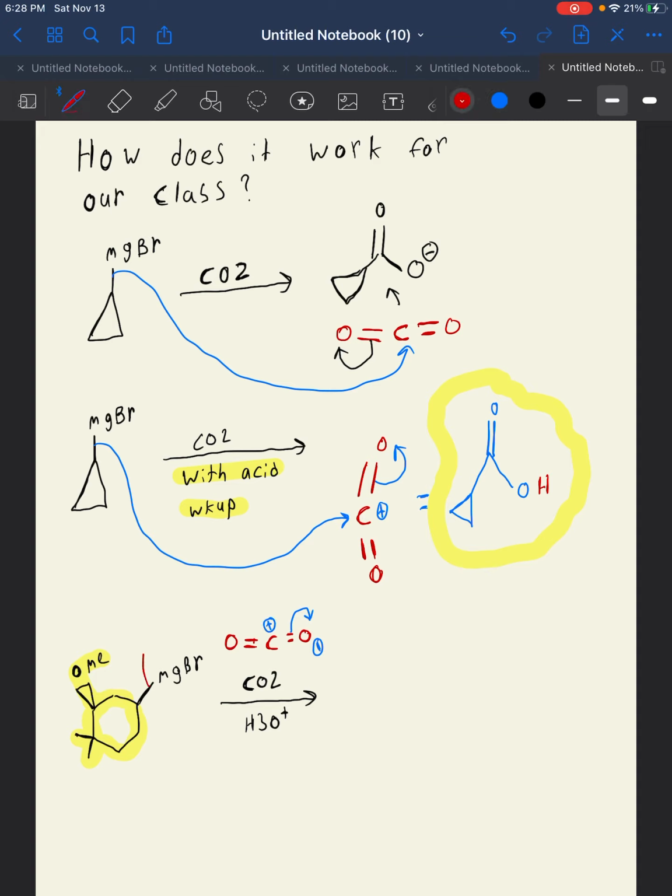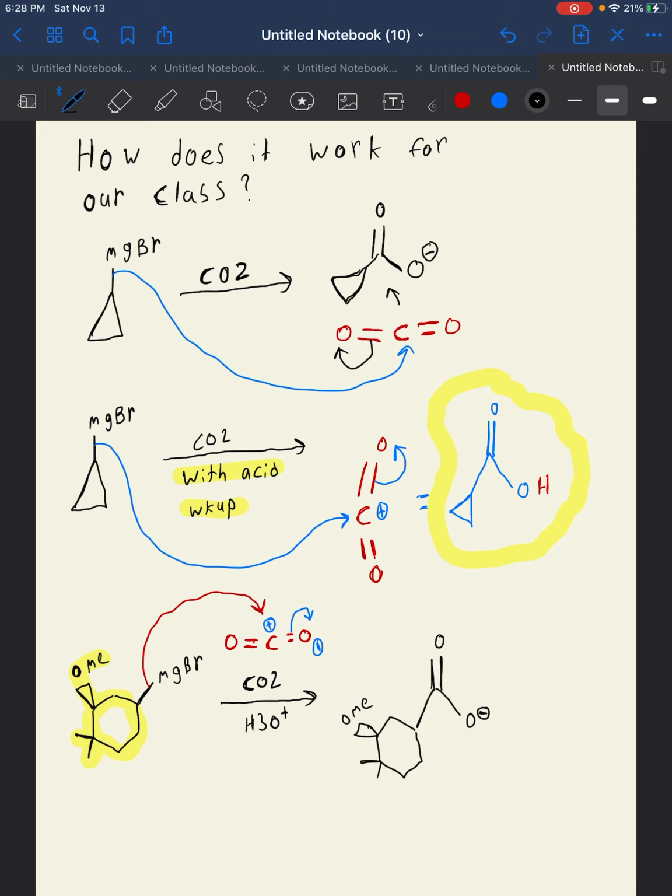So now then our Mg can come in and attack, giving us our overall product that looks like this, because once again, we don't care what that actually is.